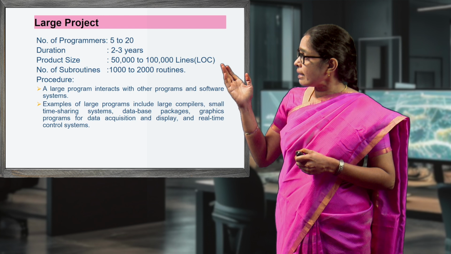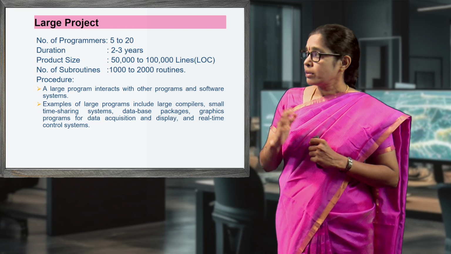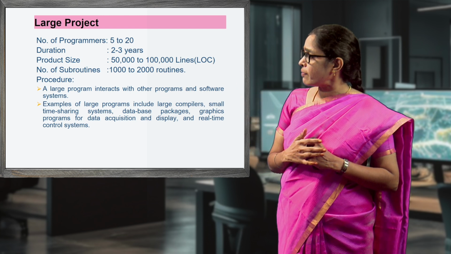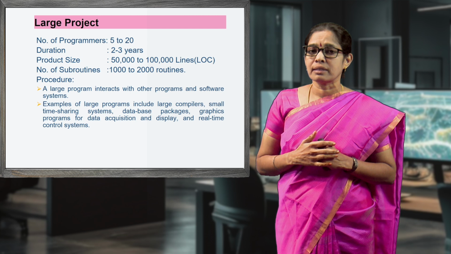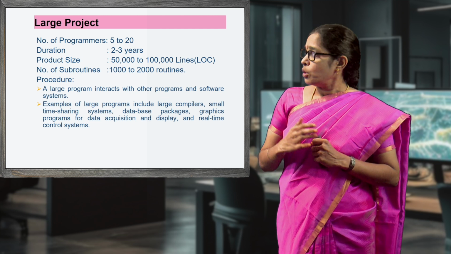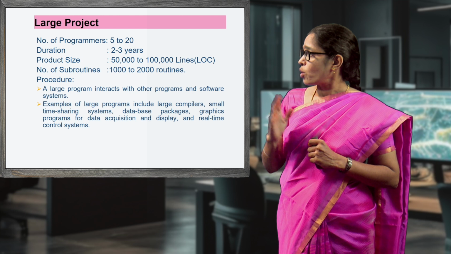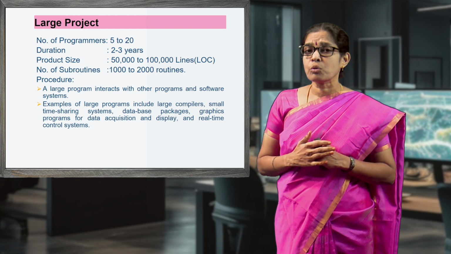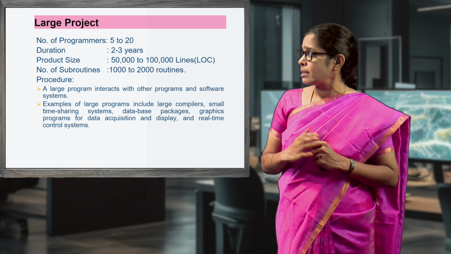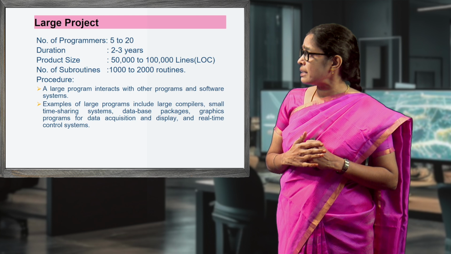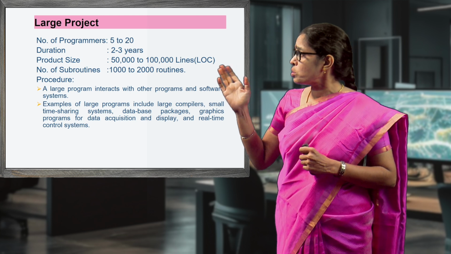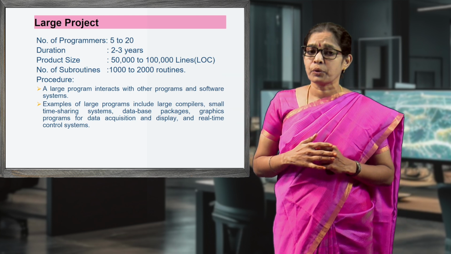The next category is the large project. Here 5 to 20 programmers can be involved in this project category. The duration of this project is 2 to 3 years. Product size may be 50,000 to 1 lakh lines. The number of subroutines used in this category is 1000 to 2000 routines.